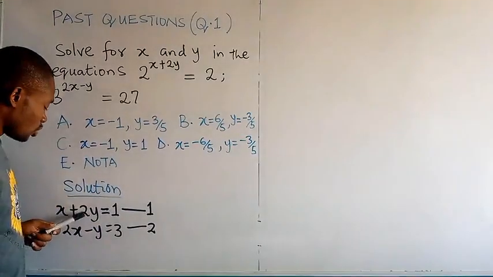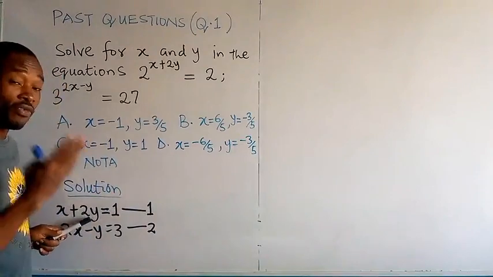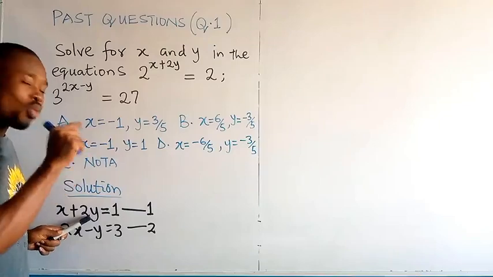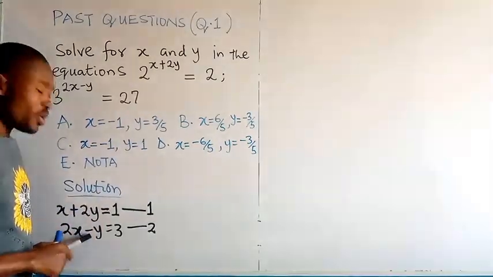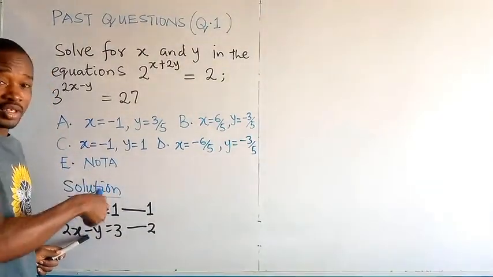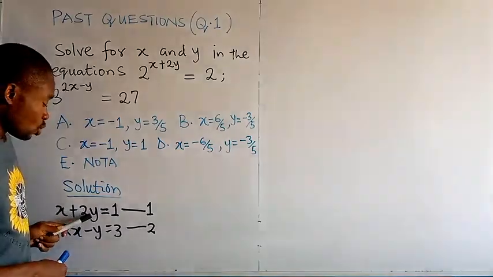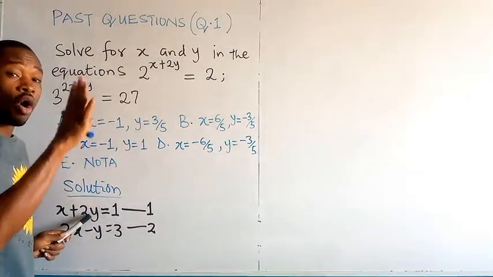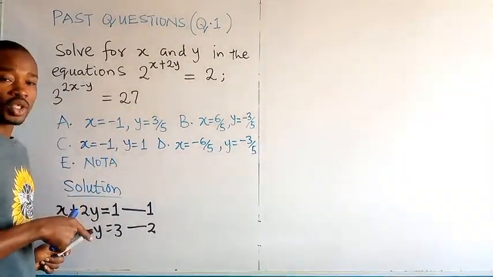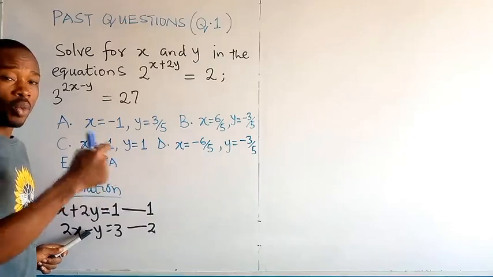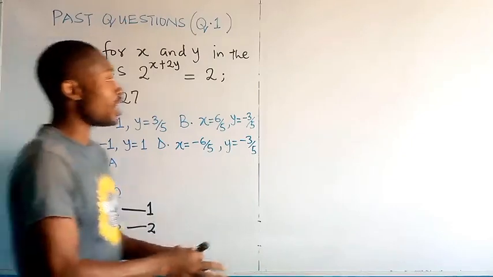Then come to this y. 2 times 2y will give you 4y. Then 4y minus the y that you have in equation 2. But this y in equation 2 has a minus in it. So it's going to be 4y from equation 1, minus minus y, which automatically becomes plus y. 4y plus y is going to give us 5y.